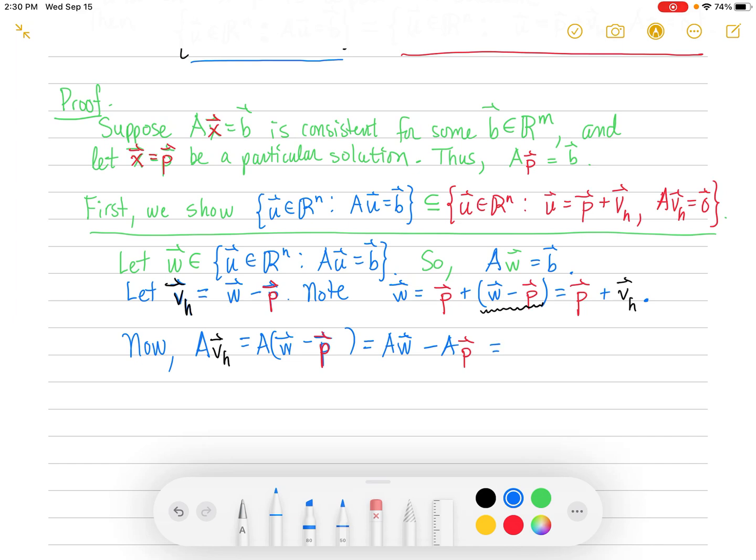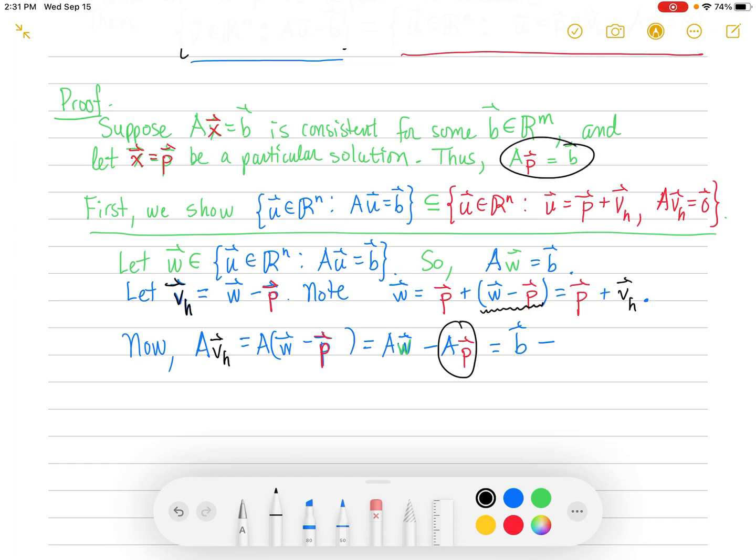But wait a second, what is AW? If you go back here, AW is equal to B. So I'm going to replace AW with B. And minus, what is AP?